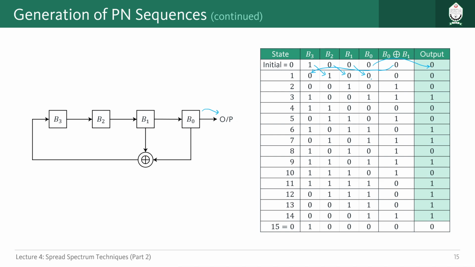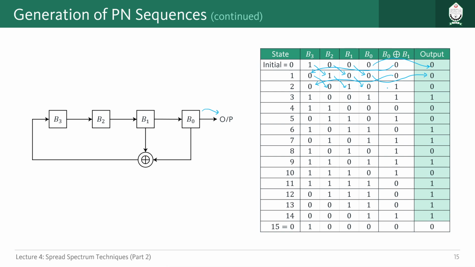And for the next state, state 1, B0 is 0, so that will be taken as output here. And again we can do the same thing, that means B0 and B1 will be going to our XOR gate, and the result will be again 0, and that value will go to B3 in the next state, like this. And again all the contents will be going to its right stage.